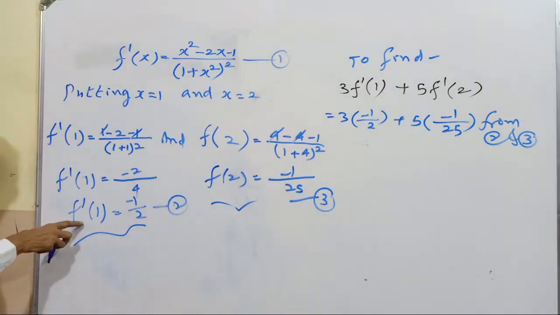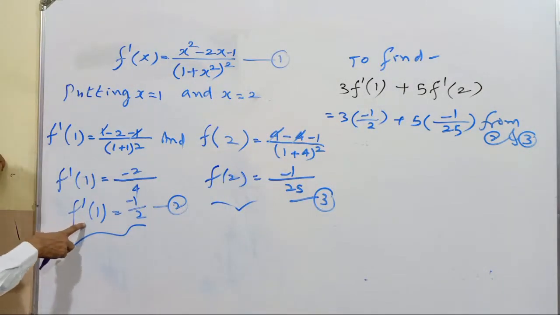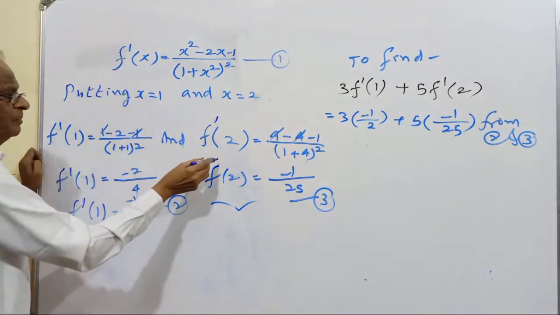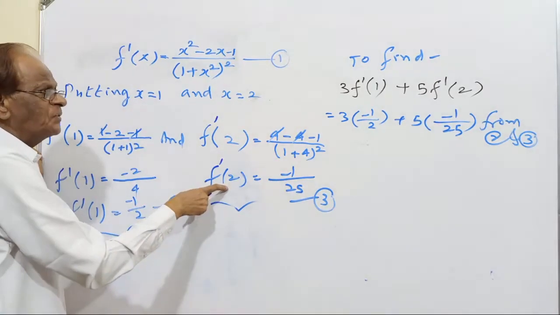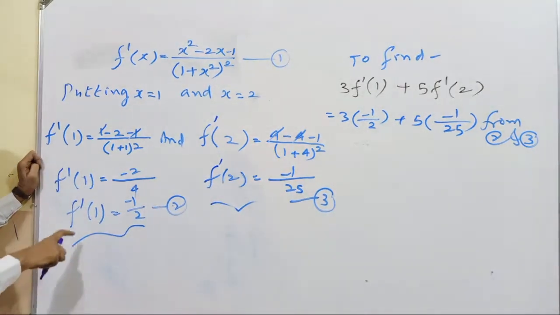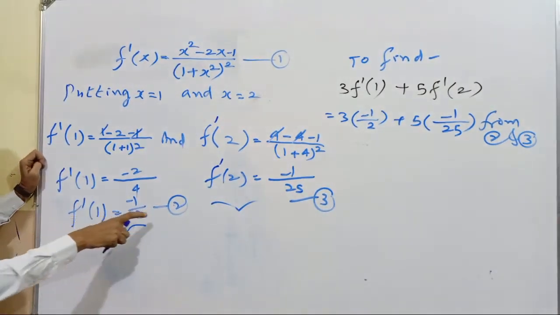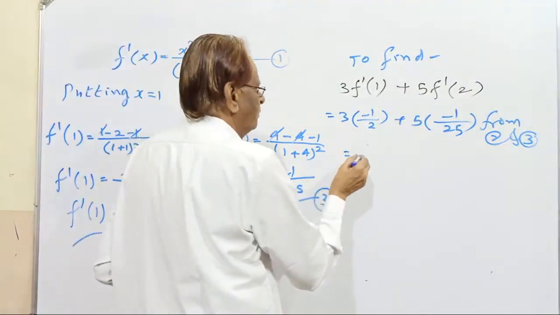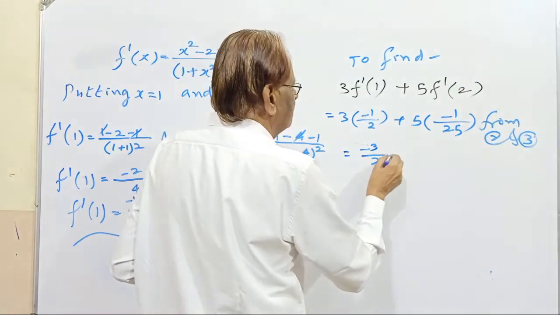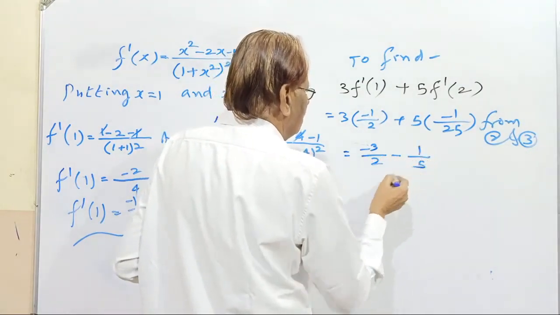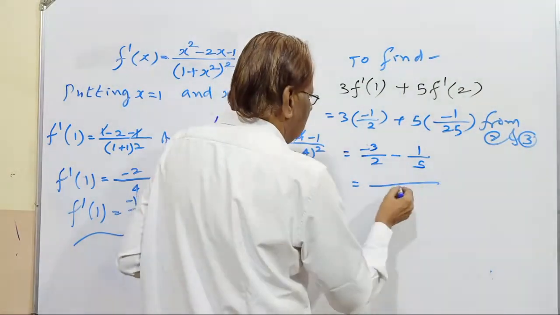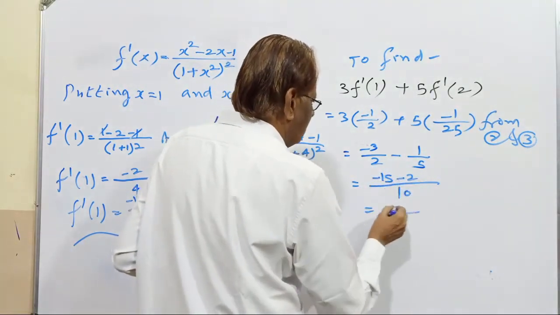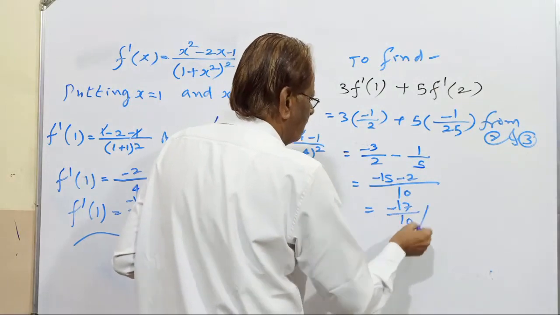Put f dash 1 as minus 1 by 2 and f dash 2 as minus 1 by 25. It is minus 3 by 2 minus 1 by 5. Taking 10 as LCM, it is minus 17 by 10.